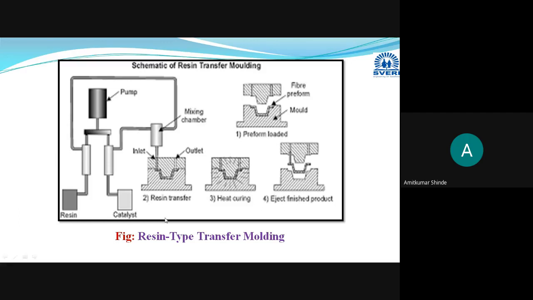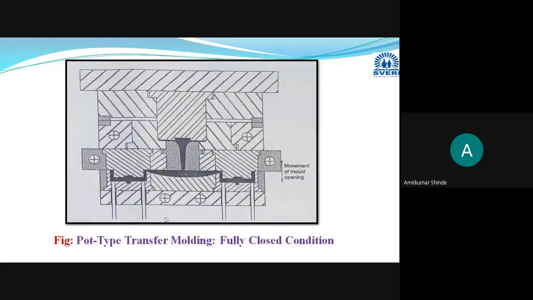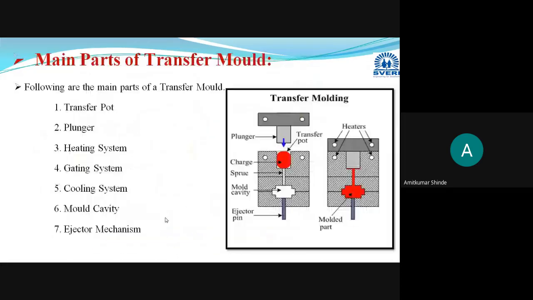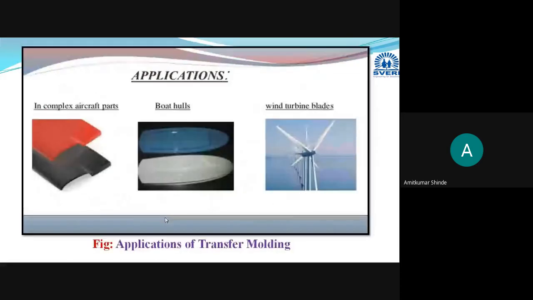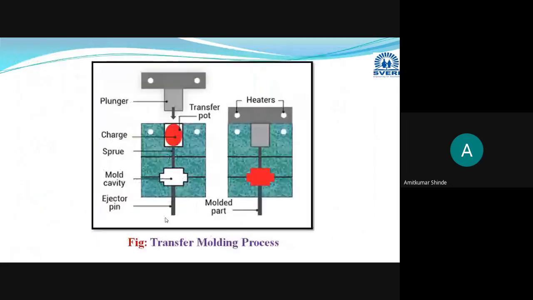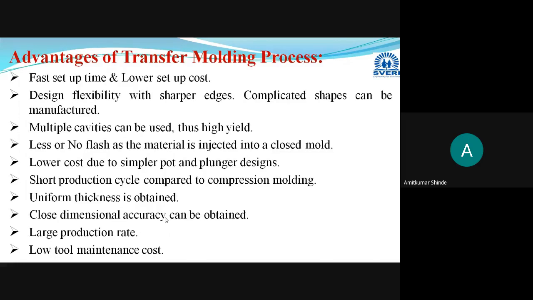This is the basic diagram. So I will take the review of this session. In today's session, we have discussed the basic working principle of the transfer molding process. After that, we have discussed the multi-cavity transfer molding process, the concept of multi-cavity transfer molding.